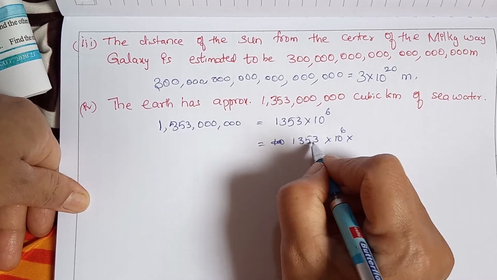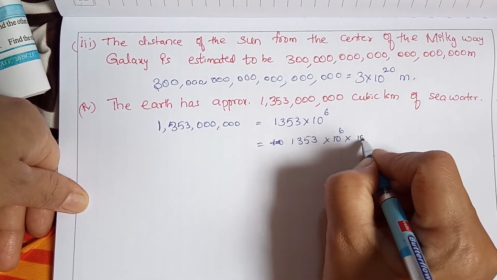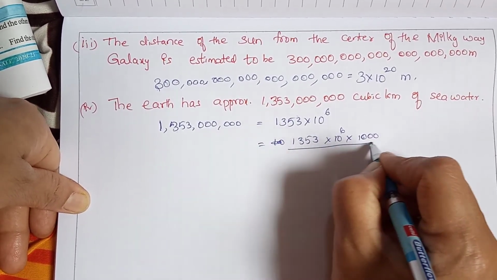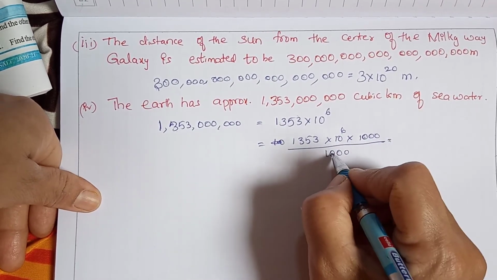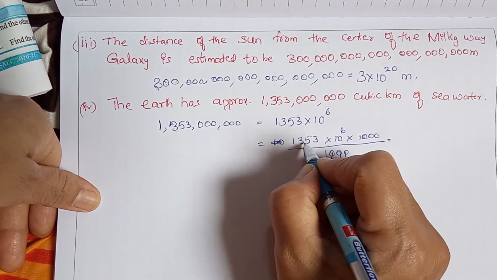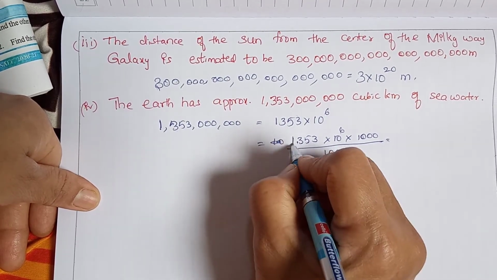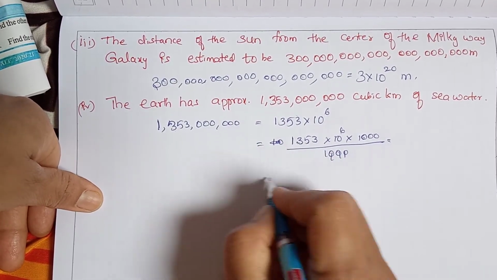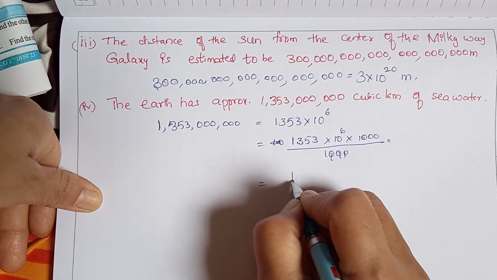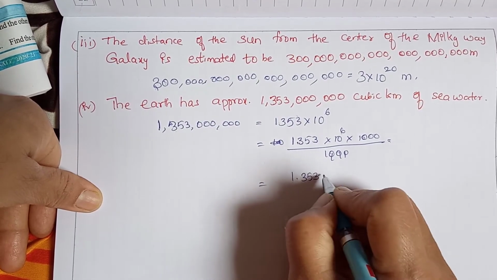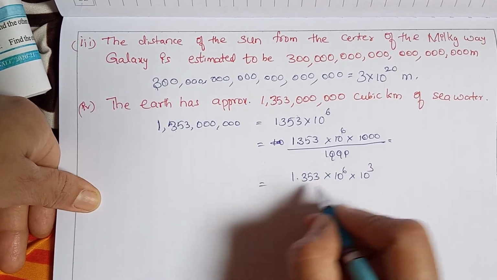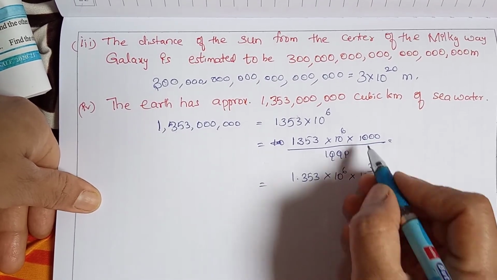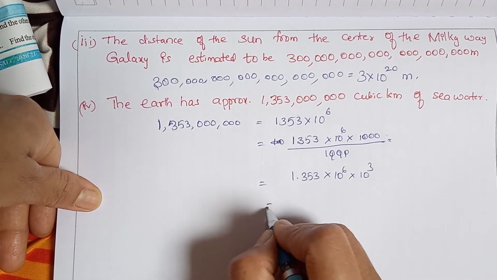What is the number we have to multiply and divide? 1000, because 3 decimal places we have to correct. Place the decimal before 3. Now this will be 1.353 into 10 to the power of 6 into 10 to the power of 3.